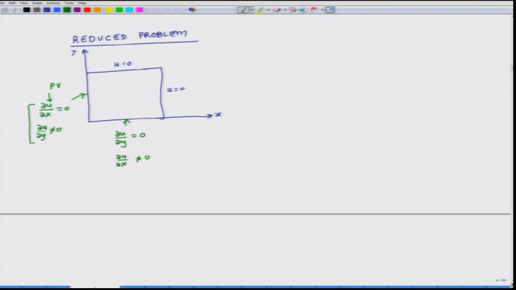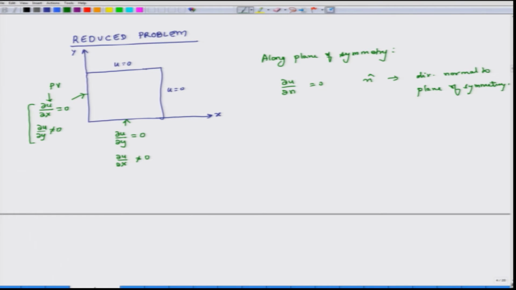Okay. So in general, I can say that along the plane of symmetry, del u over del n is equal to 0, where n corresponds to the direction normal to the plane of symmetry.